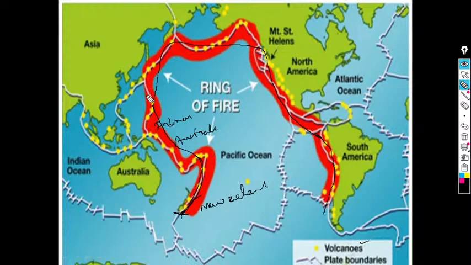Then here it is Taiwan, Philippines, Japan.